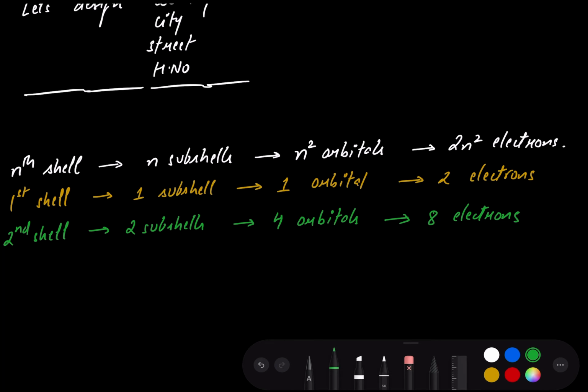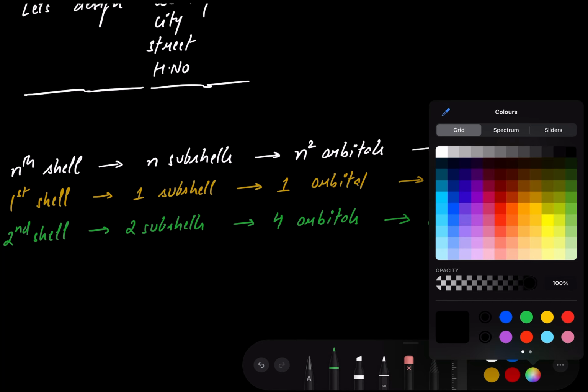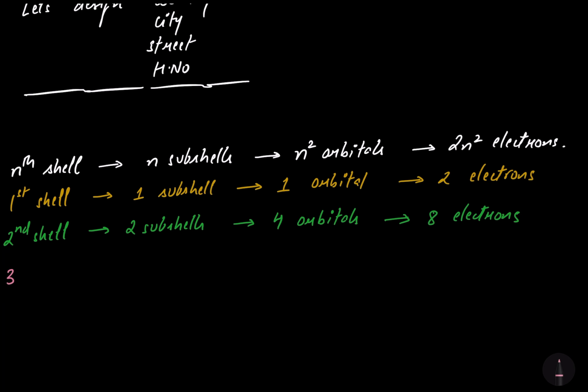Now let's talk about the third shell. The third shell will have 3 subshells. 3 square stands for 9, the 9 orbitals. And 2n square, where n is 3, so 2 into 3 square comes out to be 18 electrons.